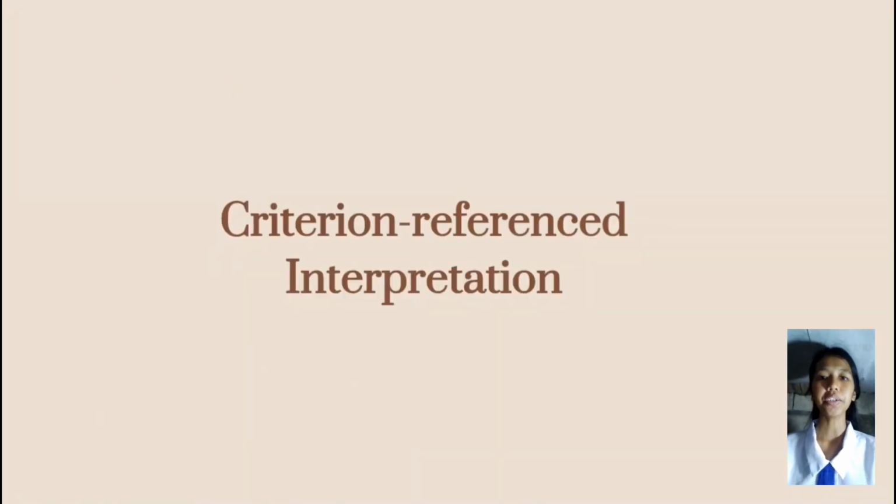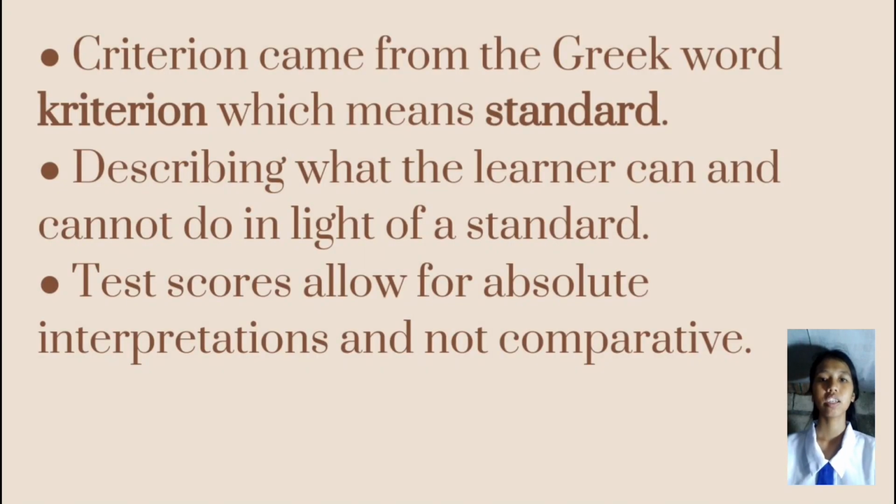So, criterion reference interpretation. The word criterion came from the Greek word kriterion, which means standard. Criterion reference interpretations provide meaning to test scores by describing what the learner can and cannot do in light of a standard.